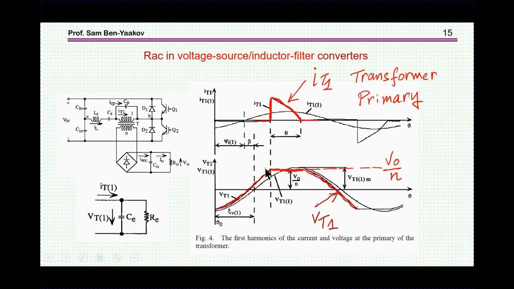Once it hits this point, there'll be clamping here because we have this capacitor in parallel with this capacitor, and now the current will be going through the output.